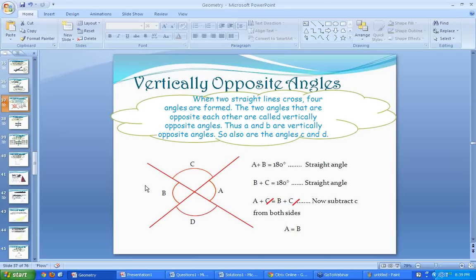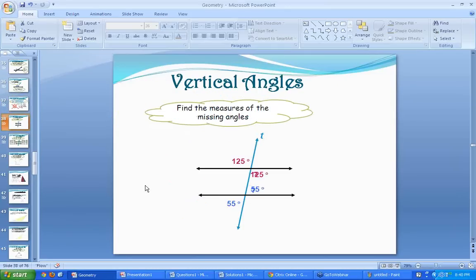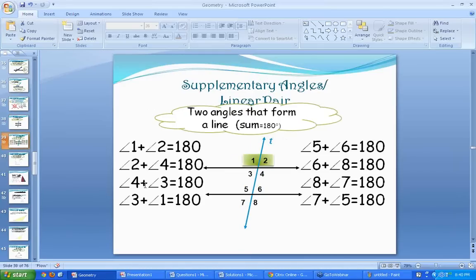C and D are vertically opposite angles and then they will be equal. Please stop me if needed, I just want to finish the basic part as quickly as possible so that I focus on the important things. Vertical angles, supplementary angles, all these supplementary angles.